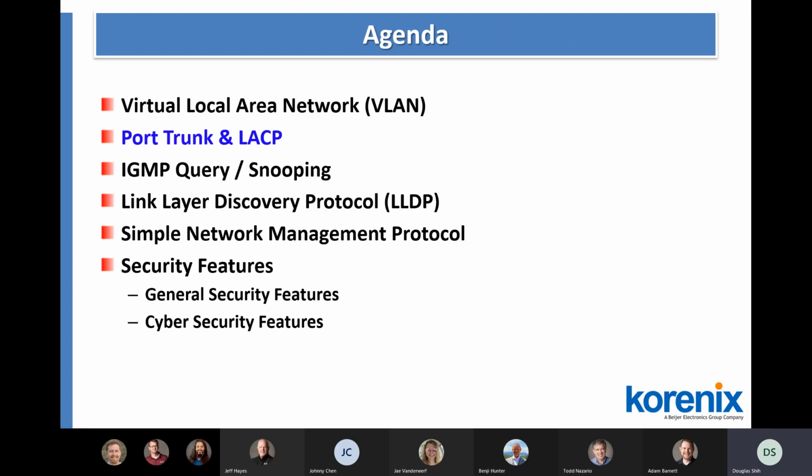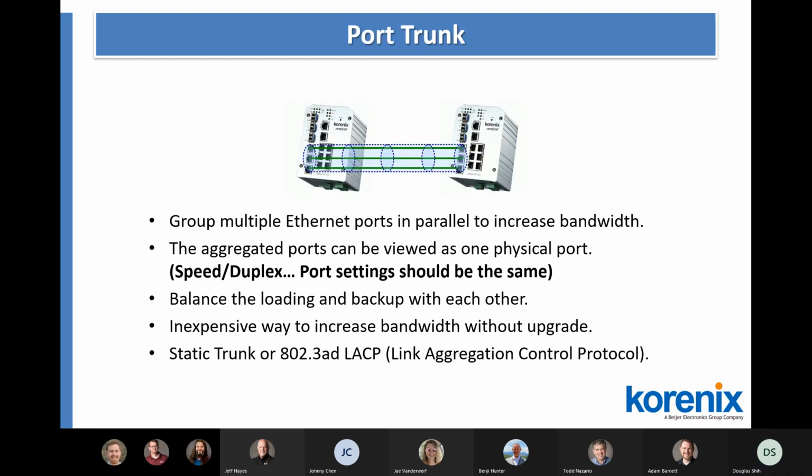The second topic is port trunk and LACP. Actually, that is the same function, just using different settings to do the features. For the port trunk, we can group multiple Ethernet ports in order to increase the bandwidth.